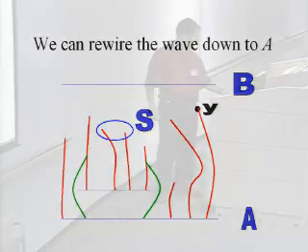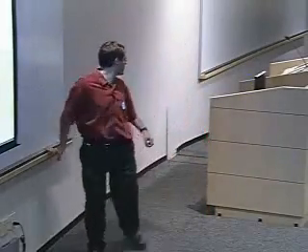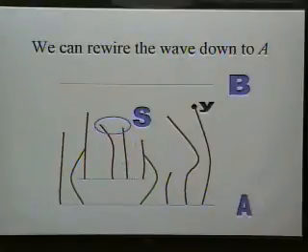So what do we do? First of all, some of the paths here end up in S. So we are going to remove S anyway, so we don't need to worry about these paths.